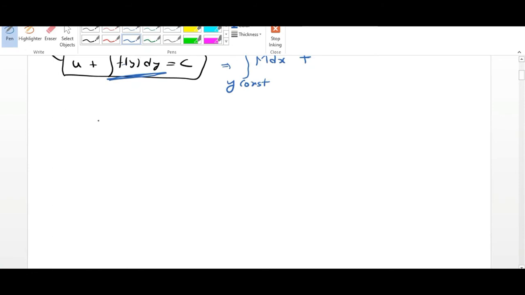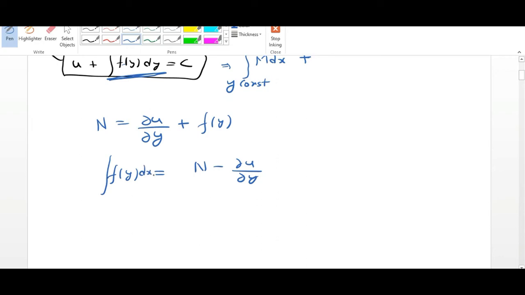We know that N is equal to ∂u/∂y plus some function of y. Now let us take f(y). What will be f(y)? f(y) will be N minus ∂u/∂y, and we are integrating it with respect to y. So this will be the integral of (N minus ∂u/∂y) dy. Now tell me, how can we write N minus ∂u/∂y, integrating with respect to y?